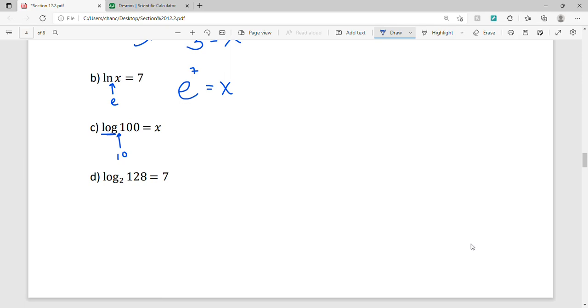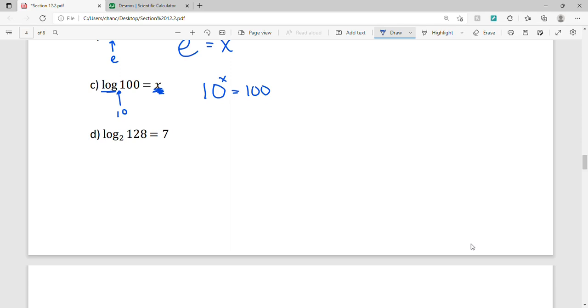I can write this as 10 raised to the exponent, which is x, equals 100. In part D, the base is 2. We'll raise that to our exponent, and that should give us our argument, 128. And now we can convert back from exponential to logarithmic, and then we could do logarithmic to exponential.